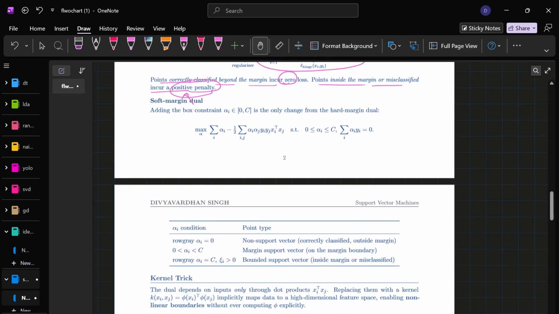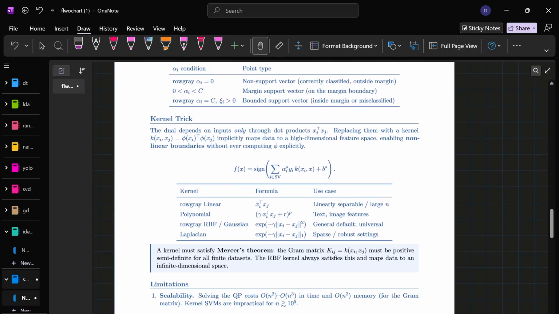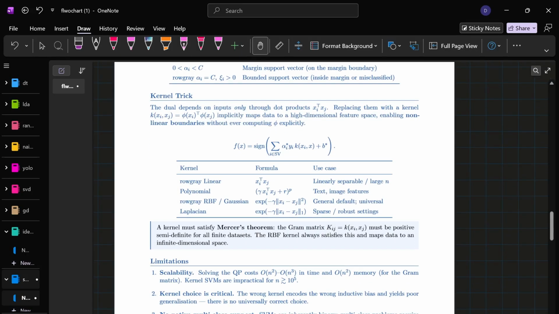Moving forward, we have the kernel trick. Now, coming to one of the coolest topics in machine learning, the kernel trick. Sometimes data is not linearly separable. For example, imagine a circular data pattern, where a straight line cannot help. What kernels do is transform data into a higher dimension, where it can be separated easily.